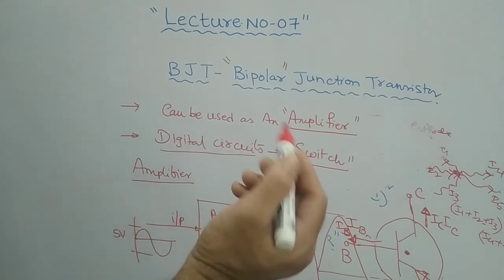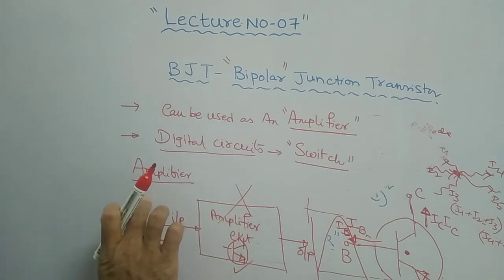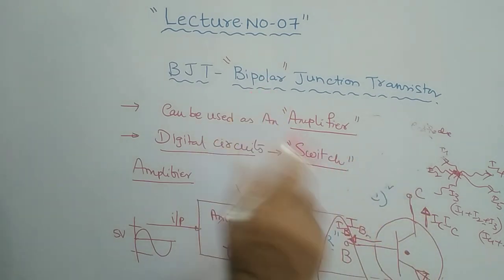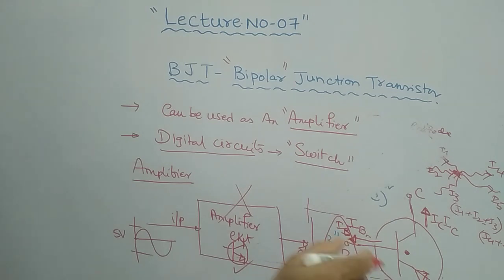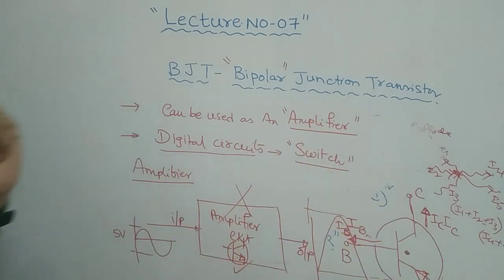You can check this in your experiments also, right? Before amplifying, see what the input impedance is, and after amplification, see the output impedance. Your output impedance must be higher than your input impedance. Then you can say that your circuit is good and working as an amplifier, right?